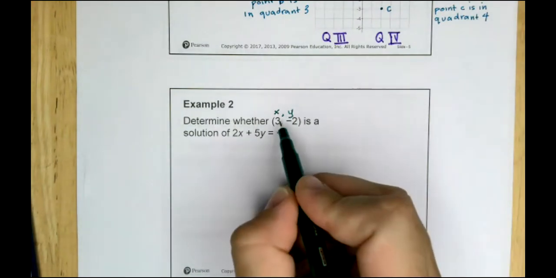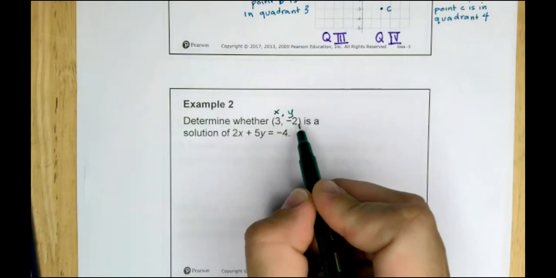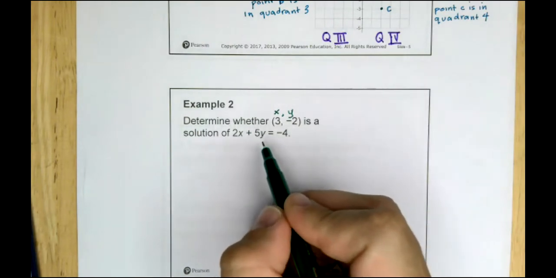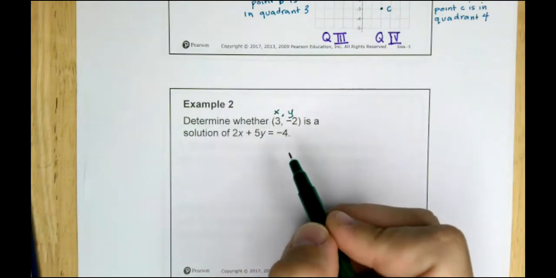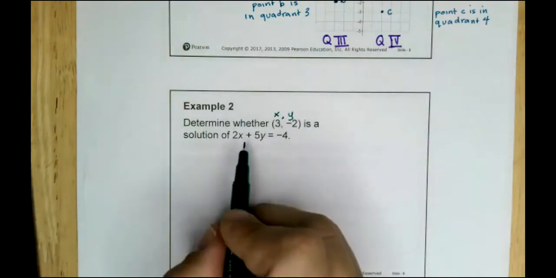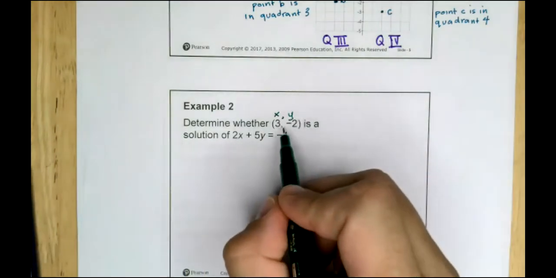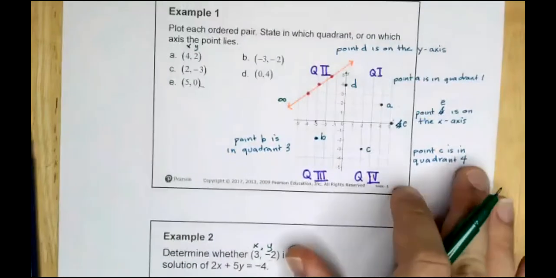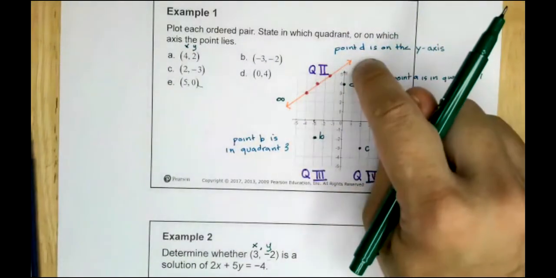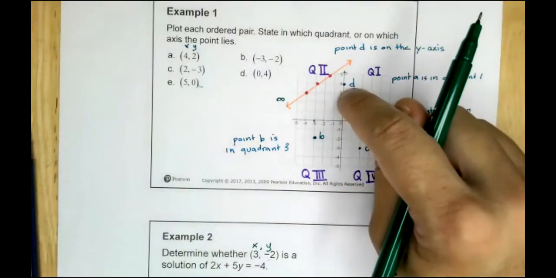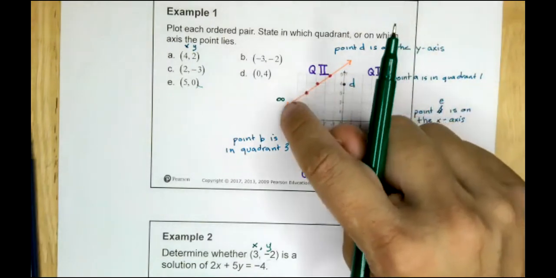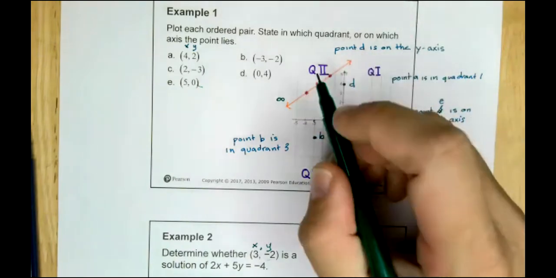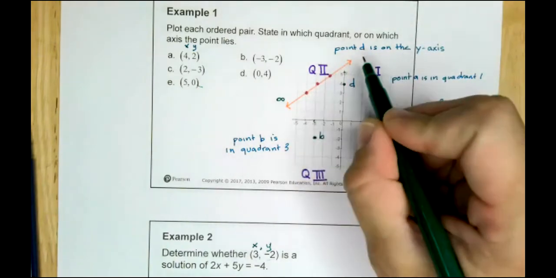If I graph 3, -2, and I graph 2x plus 5y equals -4, will they be on the same place? Will this line cover this point? This point is not on this line, but this point is on this line. So we would say this is a solution for this line.